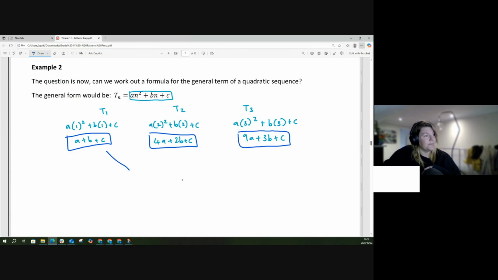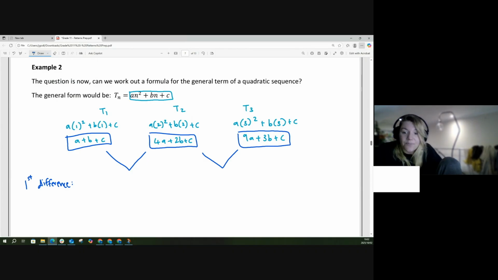So what would my first differences be? Can you work that out for me?